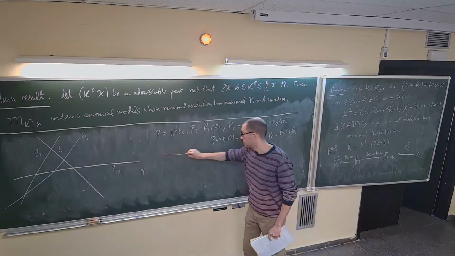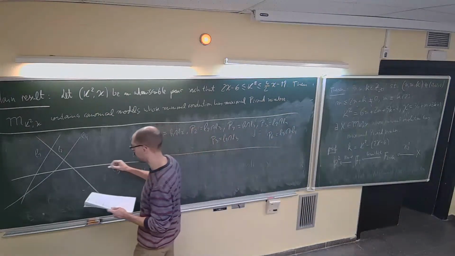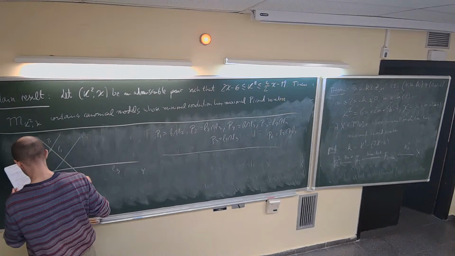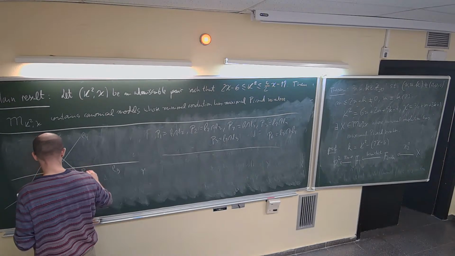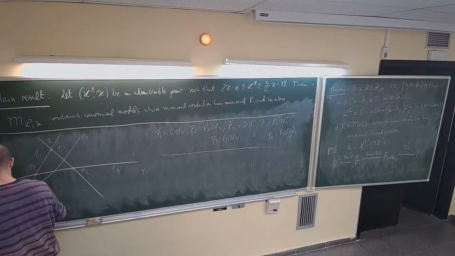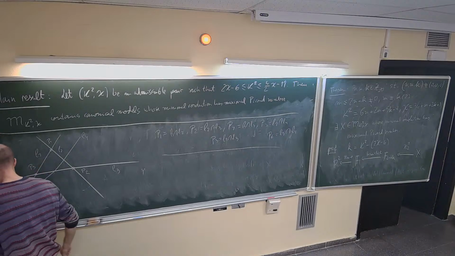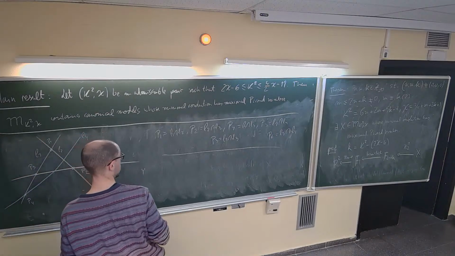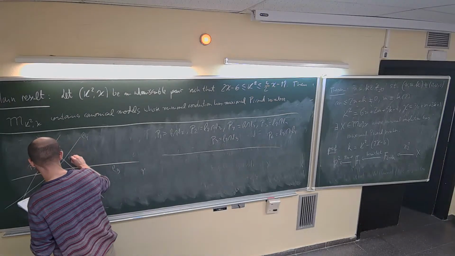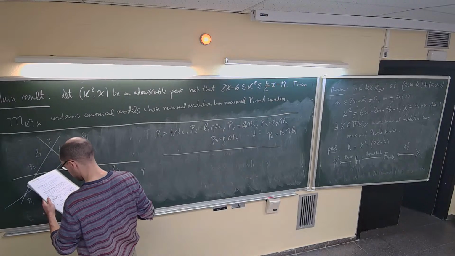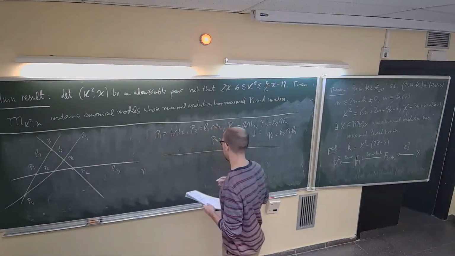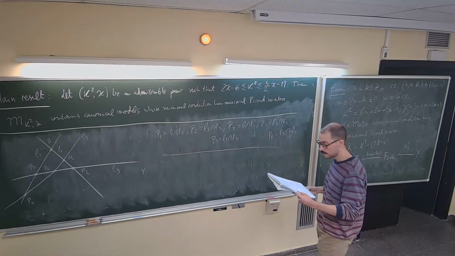Okay. So we have this point is P1. This point is P2. This point is P3. This point is P4. Okay, then P5, we have it here. And P6 is here. Now, we have to consider some more lines.